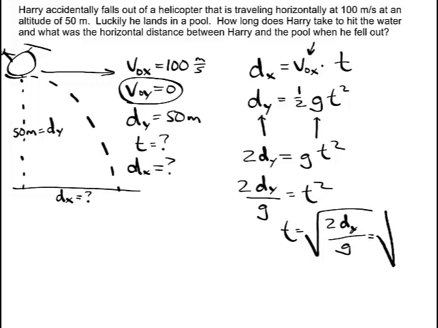And now we can stick the numbers in, and we get 2 times 50 meters over 9.8 meters per second squared. And we'll take the square root of that number on our calculator, and I get 3.19 seconds. Okay, so it only takes 3.19 seconds for him to fall 50 meters.